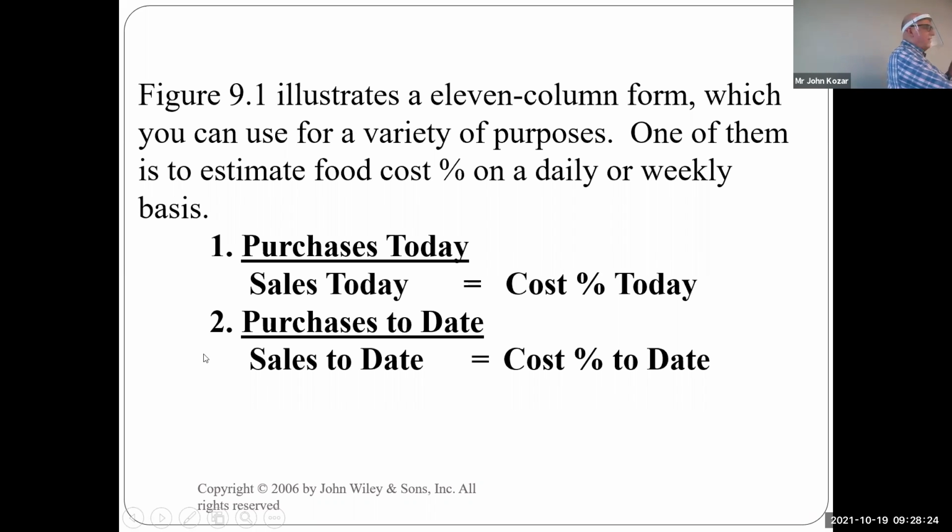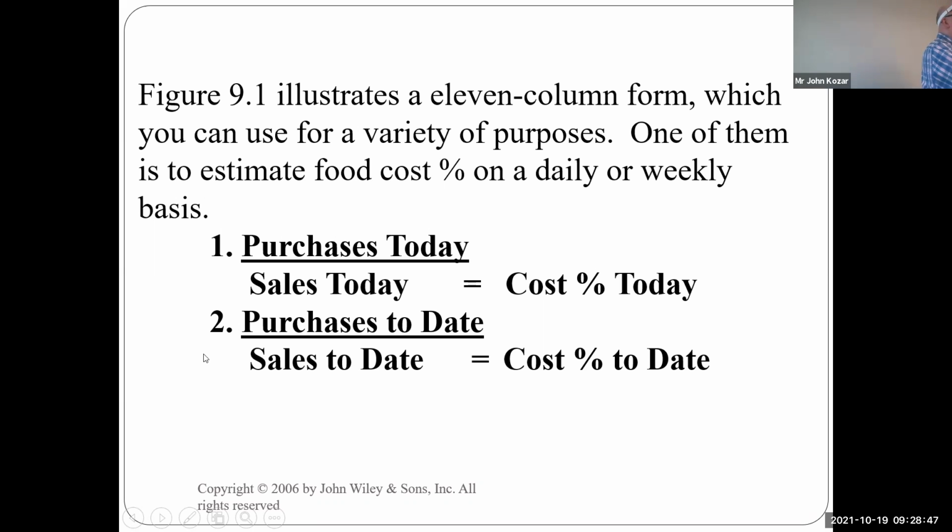Today is Tuesday, so we can look at Monday for this week and see what the purchases were for Monday, what the sales were for Monday, and get a cost percent for Monday.